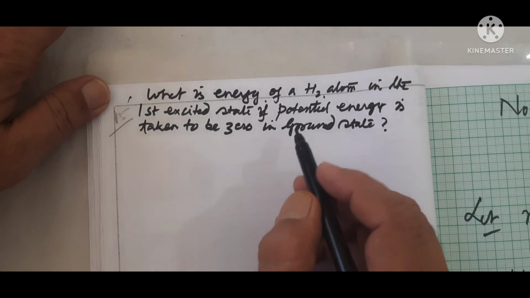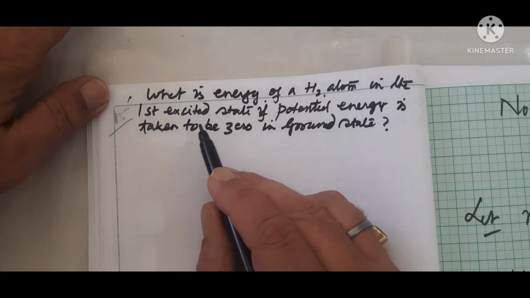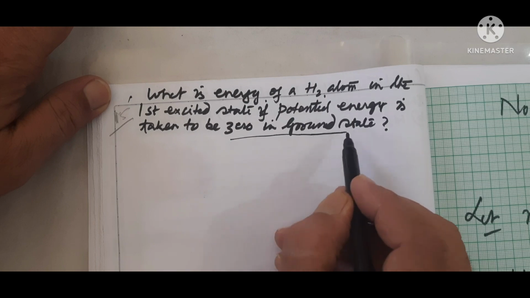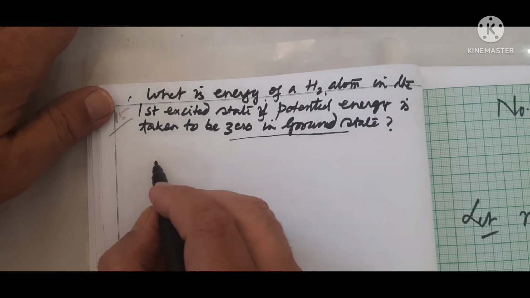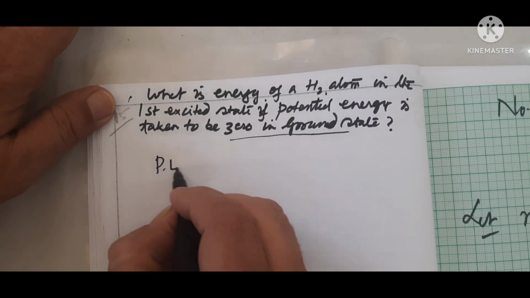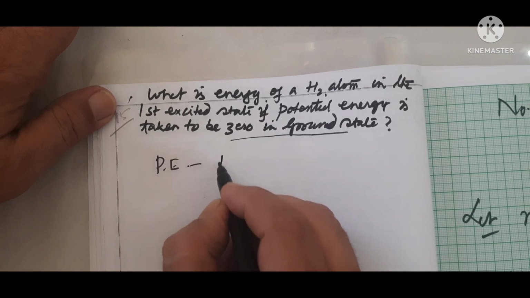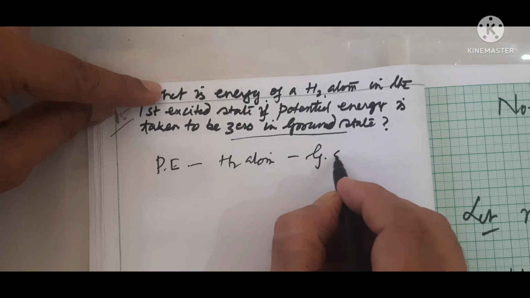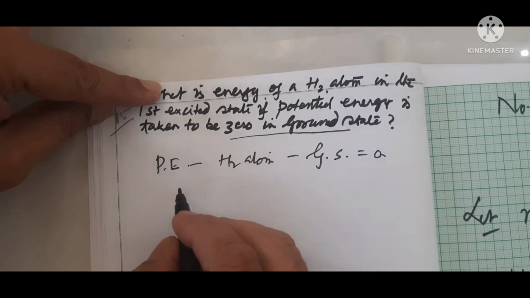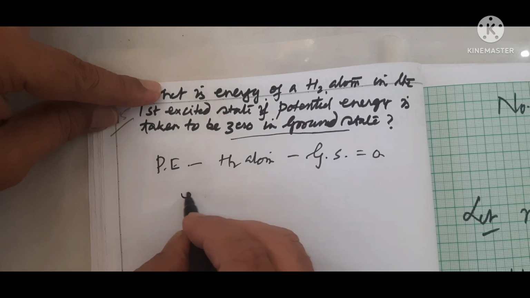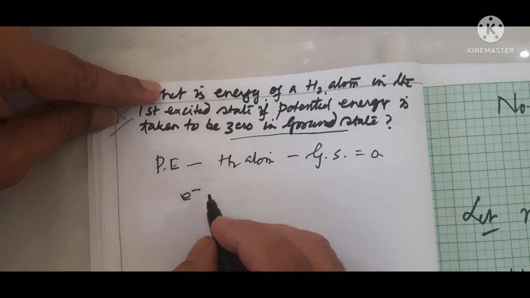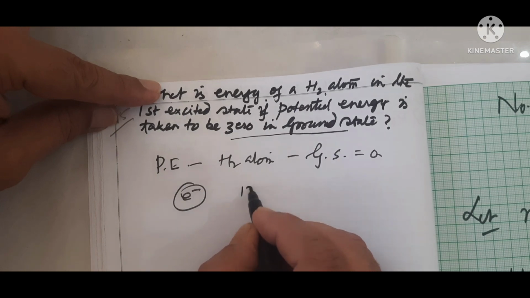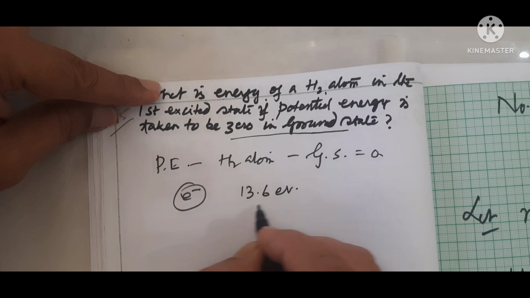What is the energy of a hydrogen atom in the first excited state if potential energy is taken to be 0 in the ground state? So the potential energy of the hydrogen atom at the ground state is 0, and an electron is bound to the nucleus, having the energy 13.6 electron volt in the ground state.